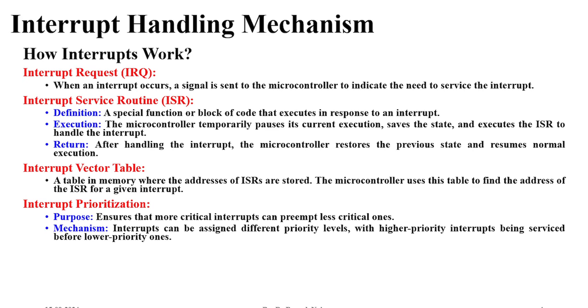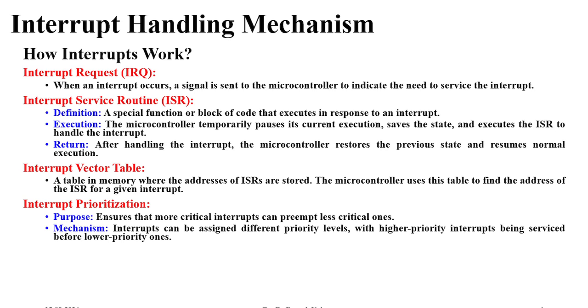Definitely, when we have multiple interrupts, we have to have a system by which we can schedule the interrupts based on their priorities. Otherwise, all the interrupts will start using the microcontroller's resources, which may corrupt the overall system.